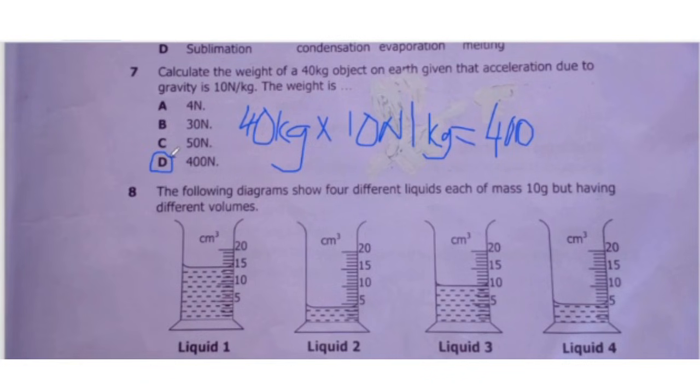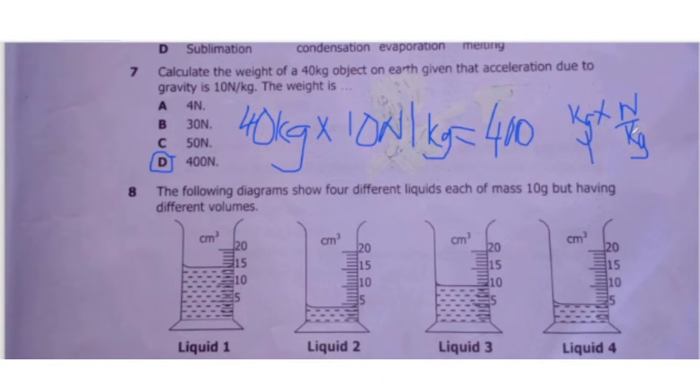However, for revision's sake, I'll tell you how we get rid of kg. Let me just concentrate on the units. We are multiplying kg by Newton over kg. When you multiply this, it's more or less like there is a 1 here.